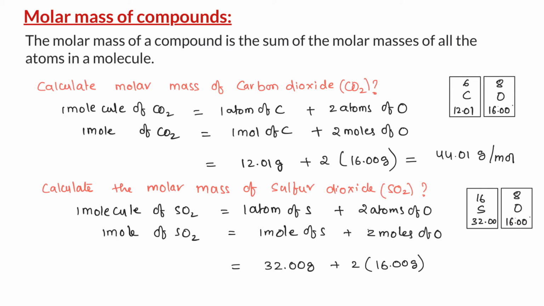If we do the math, we get 64.00 grams per mole, which is the molar mass of sulfur dioxide.